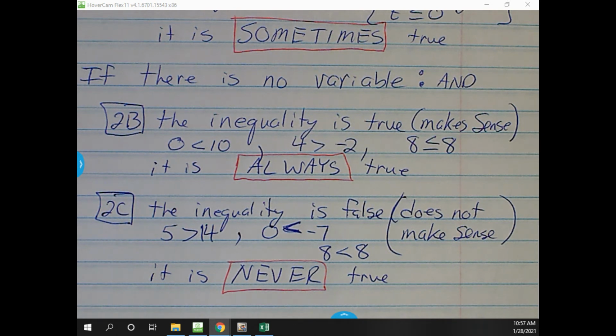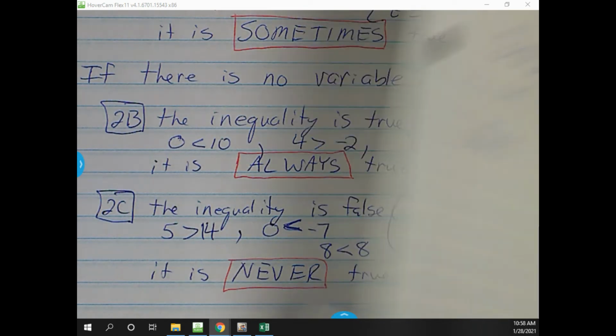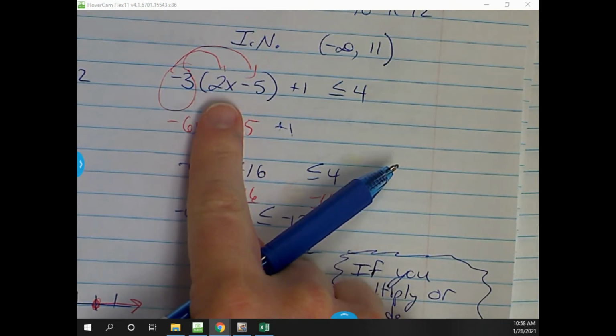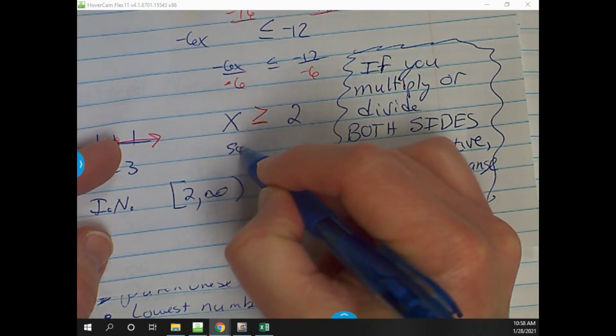Okay, now, we may not have time, but they would give you a problem, kind of like the ones we had back here, and they would ask you to solve this equation and tell them if it's always, sometimes, or never true. If we'd gotten to this point where we had this, then this answer would have been sometimes true.